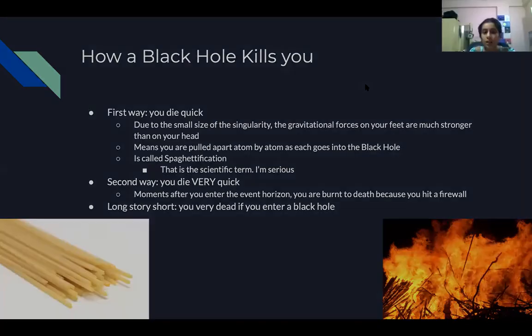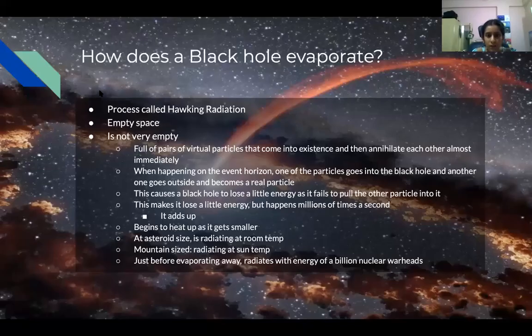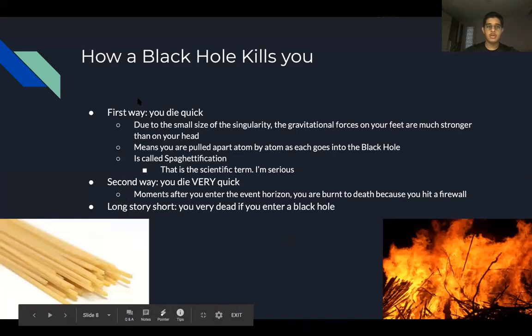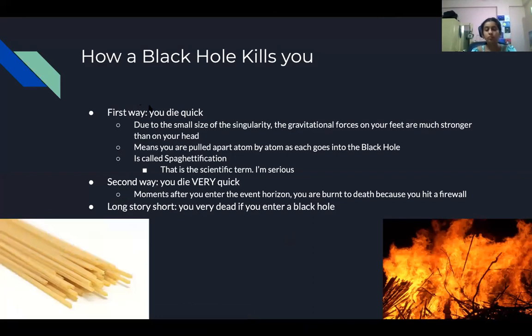I didn't understand spaghettification. Hang on, let me just go back to the slide. What spaghettification is, see, look, the singularity is so small compared to you that the distance between your feet and your head is massive compared to the singularity, okay?